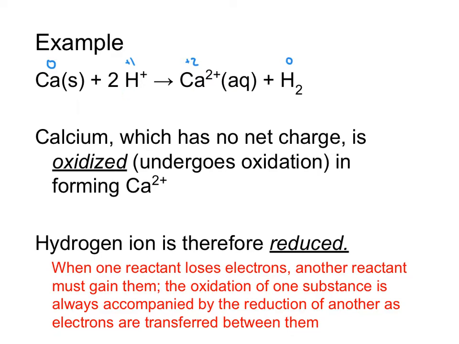But in going from a +1 to 0, we can see that hydrogen had to gain electrons, therefore it is reduced. In an oxidation-reduction reaction, when one reactant loses electrons, another reactant in the reaction must gain those electrons. The oxidation of one substance is always going to be accompanied by the reduction of another, as the electrons are transferred between the two reactants.